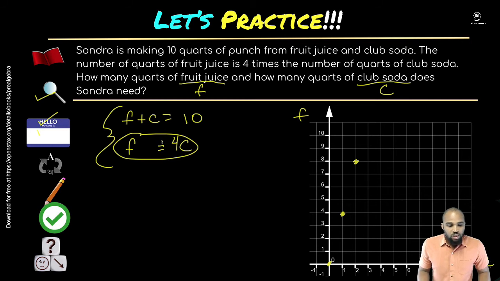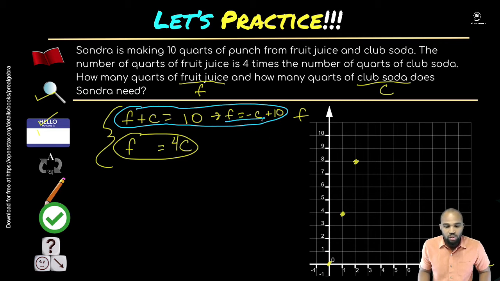F equals 4C. Now let's solve the other equation for F, so it looks like y equals something. We'll subtract C on both sides to get this. So now we have a -1, but we're starting at 10. So our y-intercept's at 10, and I'm going to change color to blue for this one.